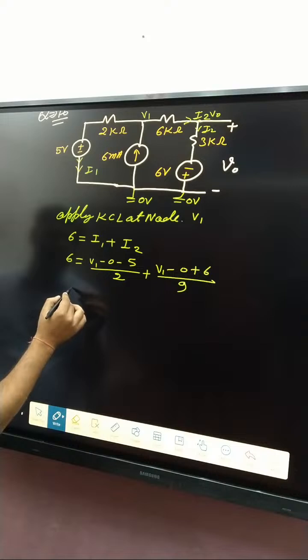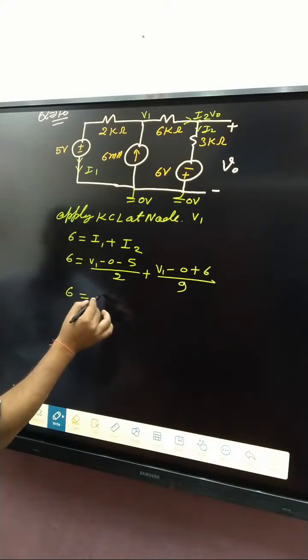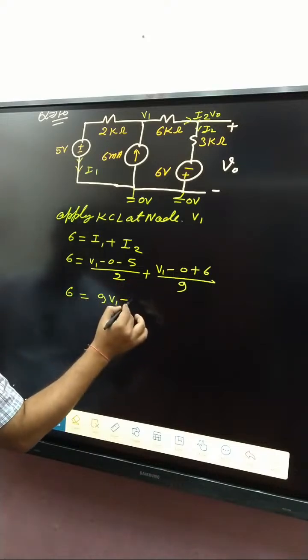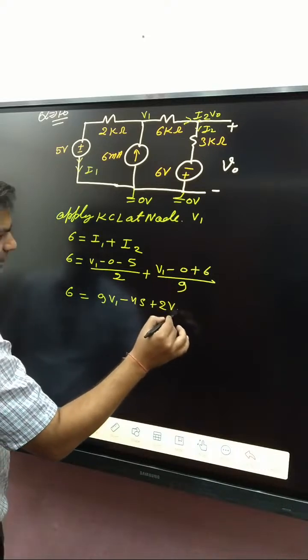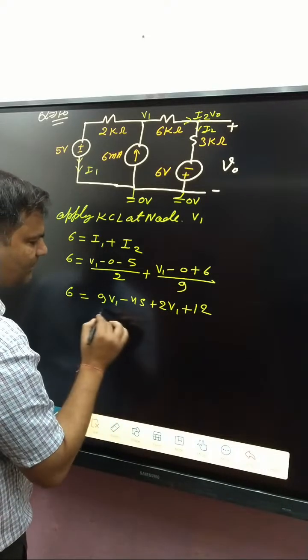Now for 6, take the LCM: (9V1 minus 45) plus (2V1 plus 12), divided by 18.